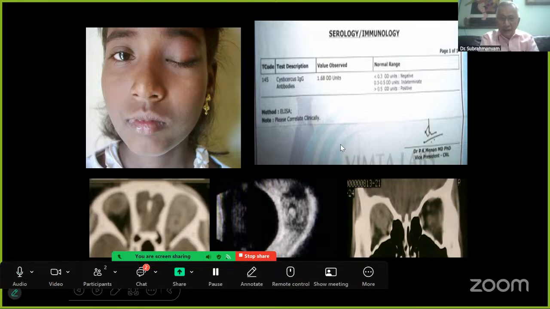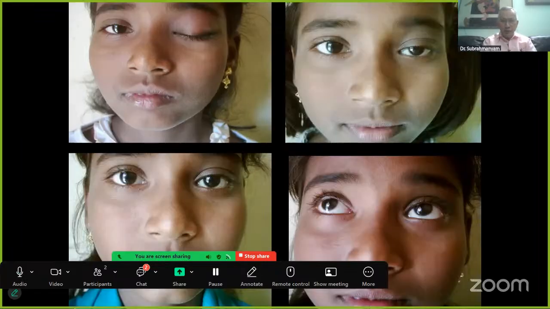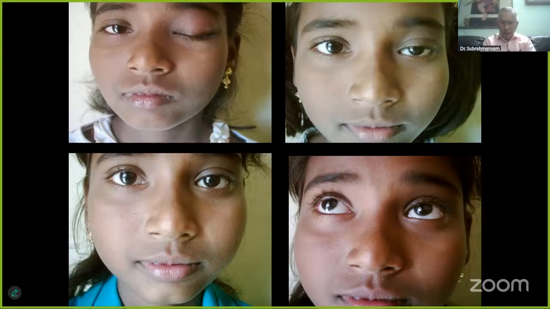The anti-cysticercosis antibodies are positive, though they will be positive in only about 60 to 70%. The patient was put on albendazole at a dose of 15 milligrams per kg body weight in 2 divided doses per day, plus prednisolone at a dose of 2 milligrams per kg body weight, and within 2 weeks, the patient has responded very well.